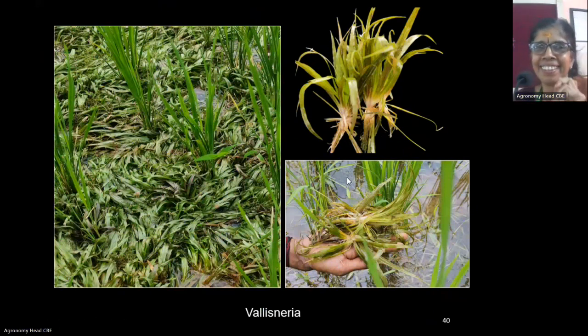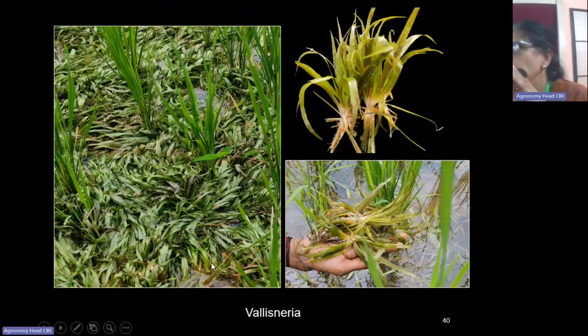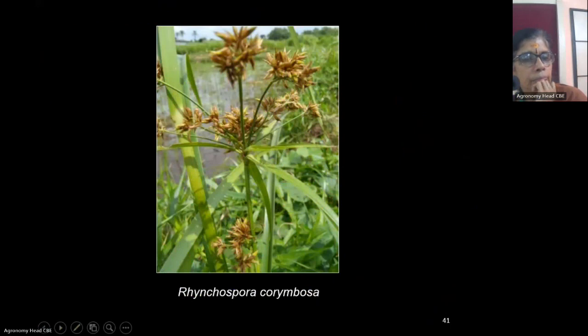Though very delicate, they are kept above the water level and pollination is through the water. And our herbicides like 2,4-D are very effective. We have done trials as part of our work.